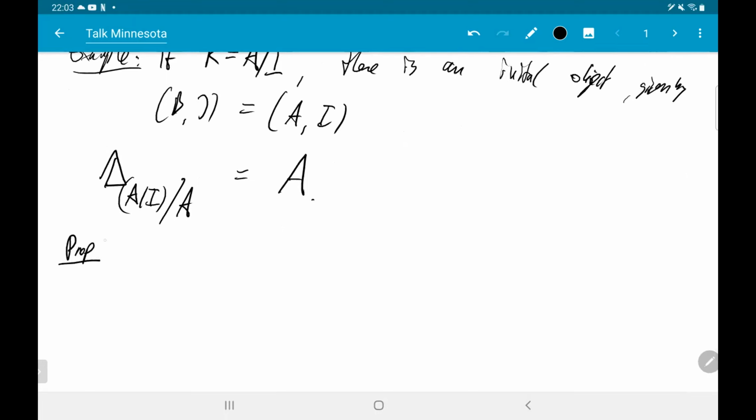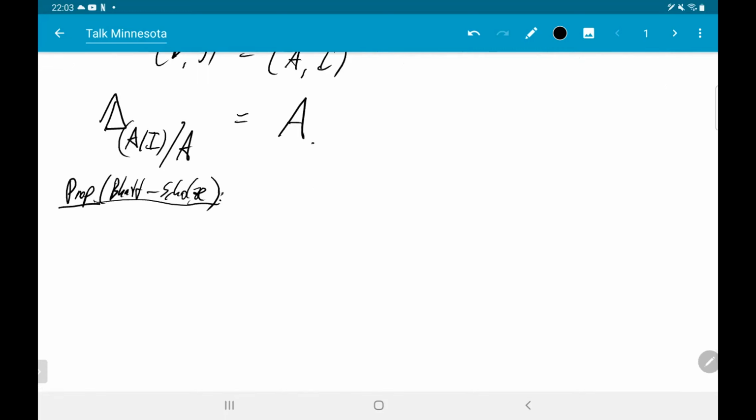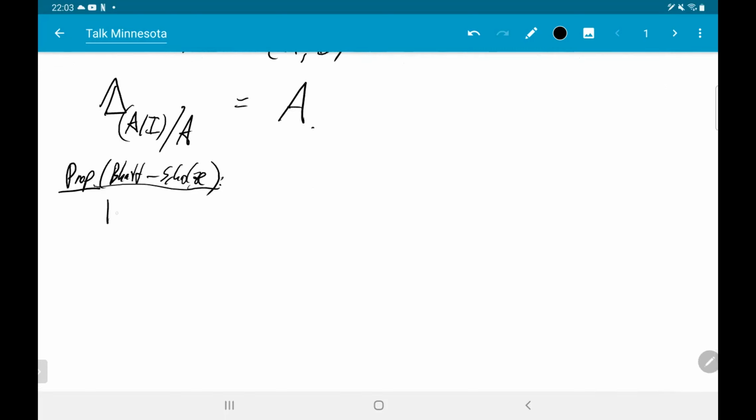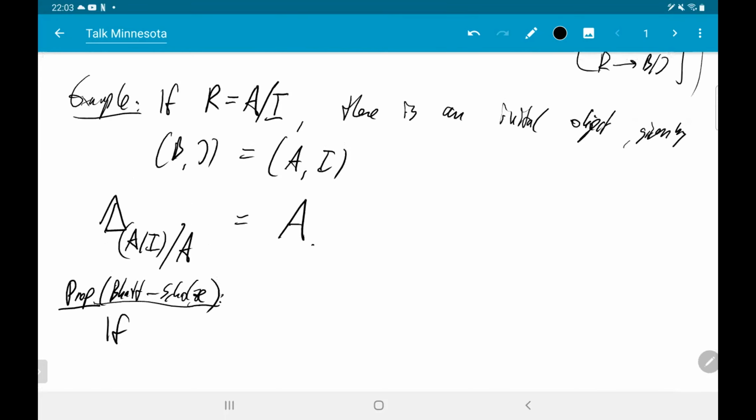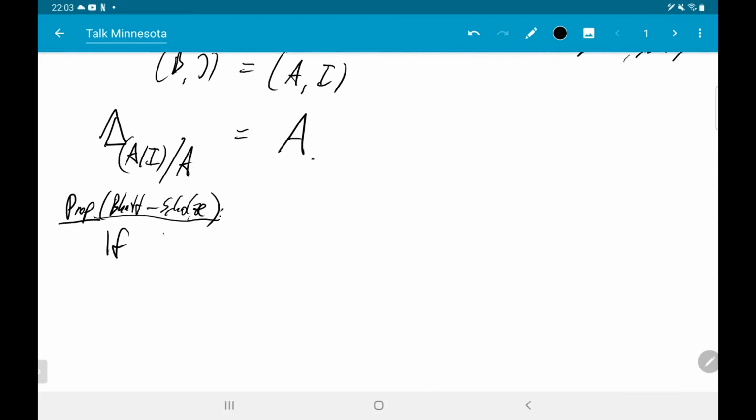And extending on this, there's this very useful formula in the Bhatt-Scholze paper on prismatic cohomology, which is the following. More generally, right here I've told you about the case where R is just A mod I. More generally, let's look at the case where R is a further quotient of A mod I by a sequence of relations, and I want this to be a regular sequence.